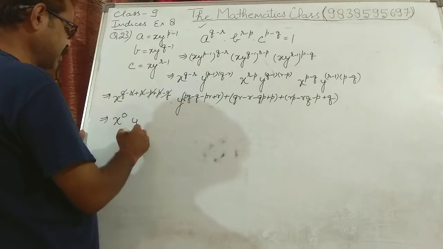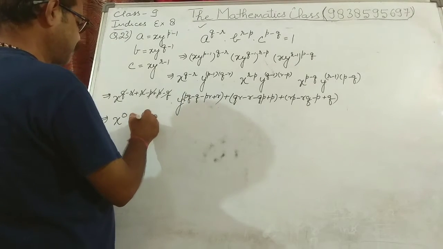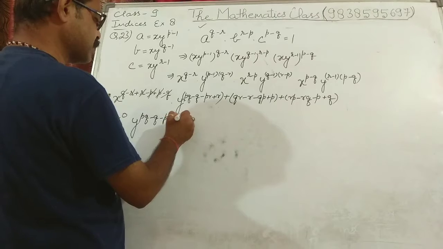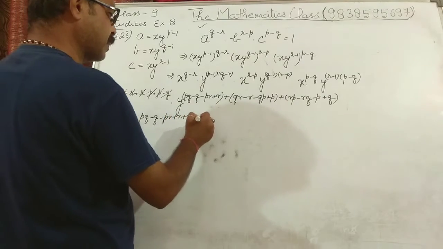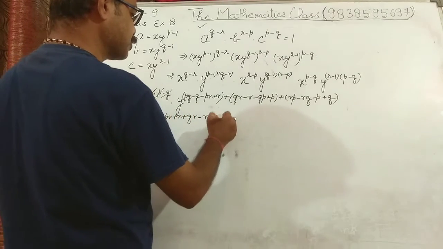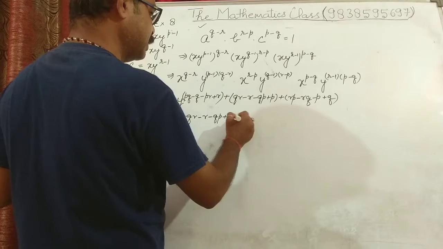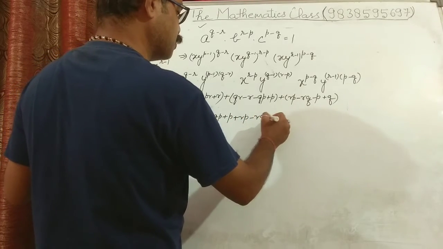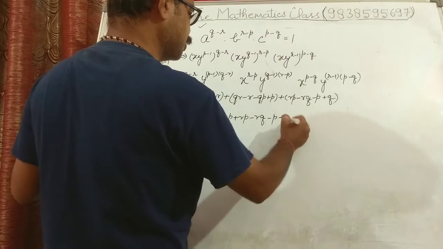Now when you check in this, I'll write pq minus q minus pr plus r plus qr minus r minus qp plus p plus rp minus rq minus p plus q.